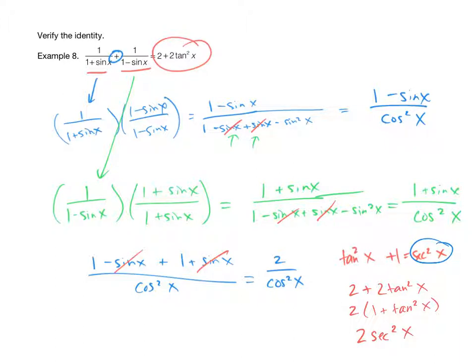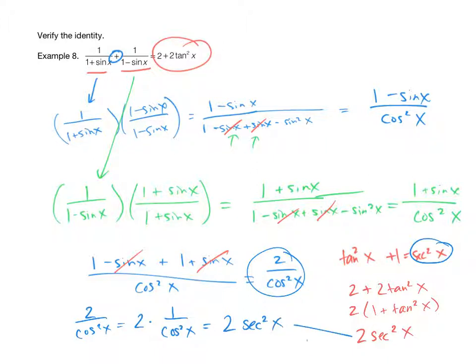And if I go back to my left side, 2 over cosine squared x equals 2 times 1 over cosine squared x. And since cosine is 1 over secant and secant is 1 over cosine, that is the same as 2 times the secant squared of x, which they equal, so I am done.